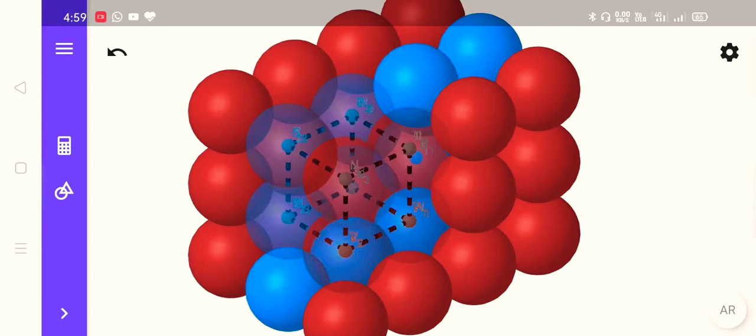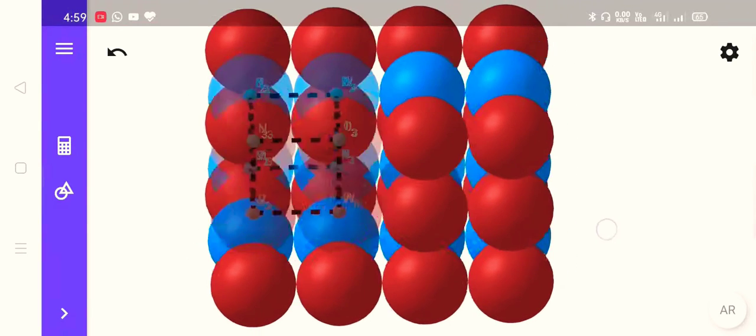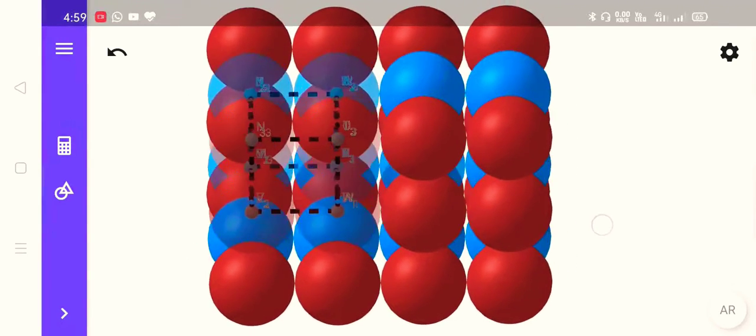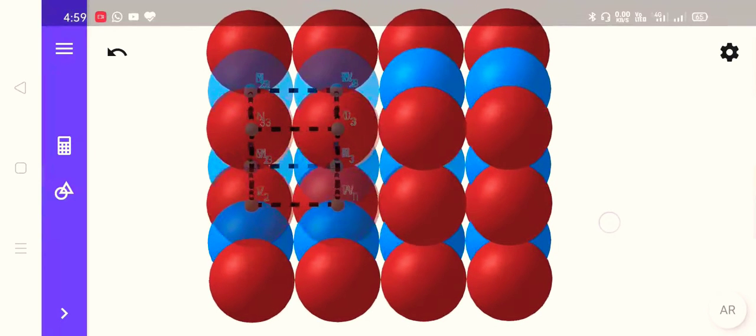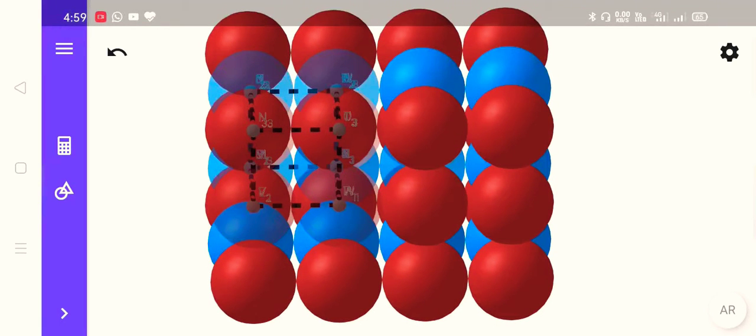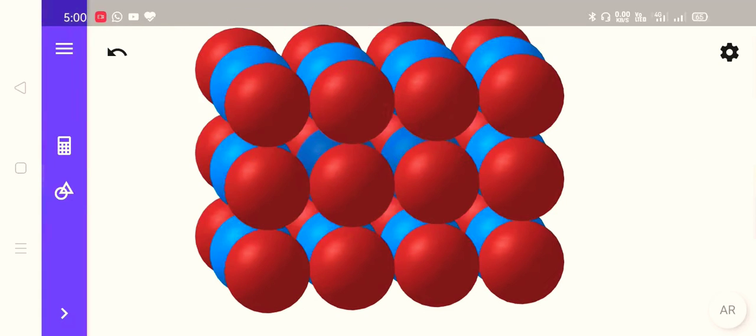Now let us talk about the coordination number for this type of structure. For that, we will remove some of the spheres so that we can select a center sphere, and then we will try to find how many neighboring spheres are in contact with one sphere. So now let us remove some spheres.